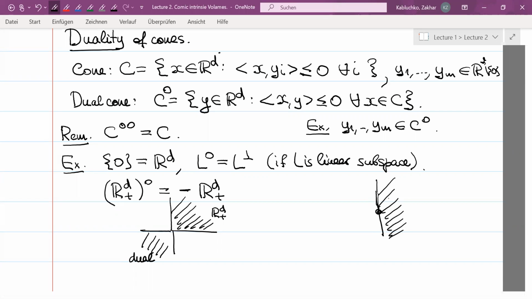And which vectors have this property? So for example, this vector, does it have this property? Okay. Is the scalar product always negative with any vector from the half space?